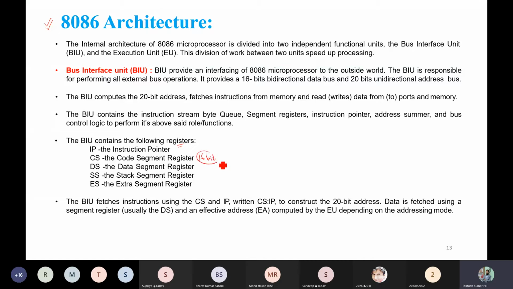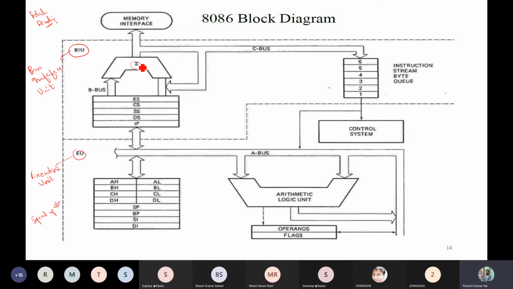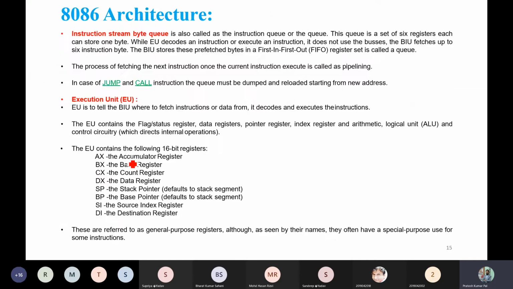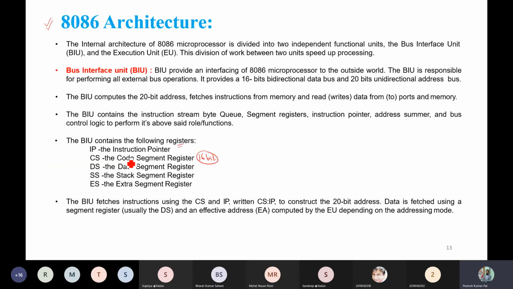These registers are having a summation. Whatever combination is there, this IP register, the instruction pointer, along with these 4 segment registers: code segment, data segment, stack segment, and extra segment.